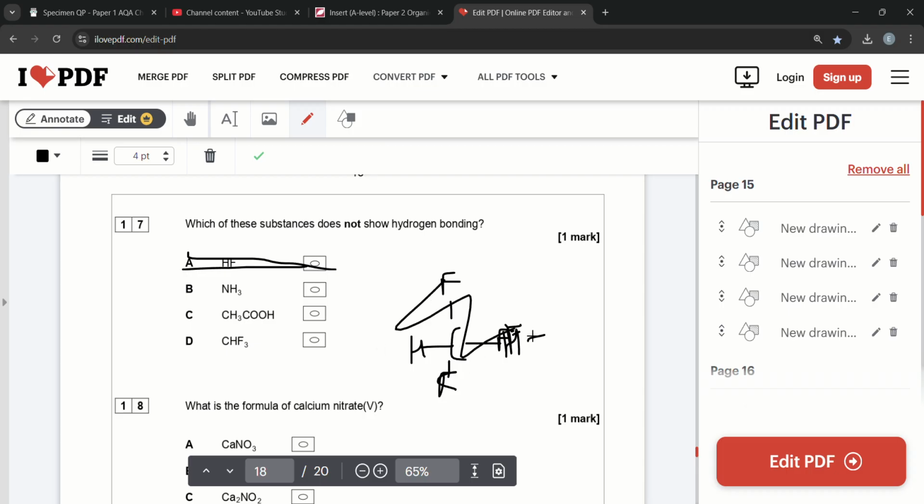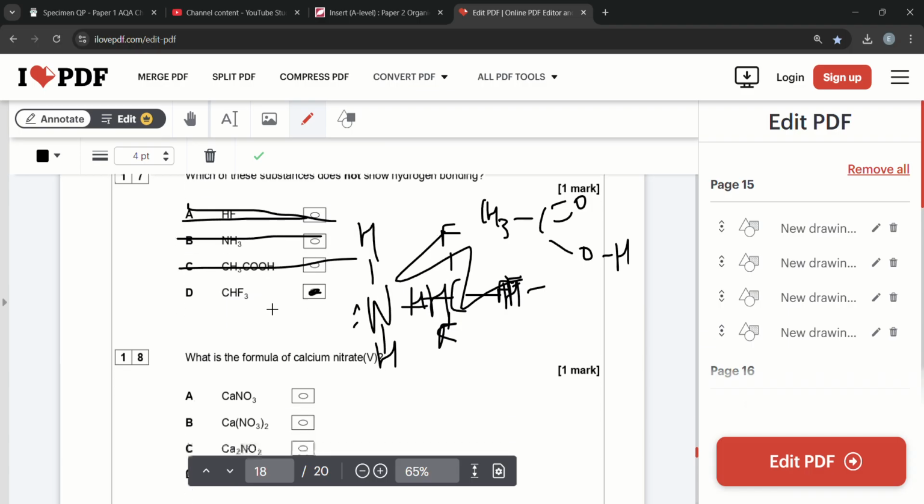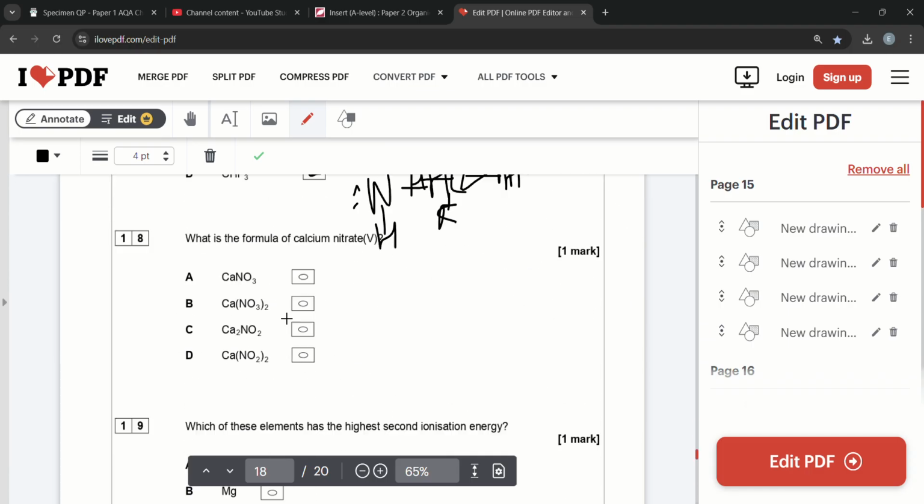Definitely D then, because with CH3, C double bond O, carboxylic acid, OH, there's hydrogen bonding to the oxygen. And NH3 literally already is bonded to it, hydrogen is bonded to the nitrogen. So yeah, the answer is D. Does not show hydrogen bonding.